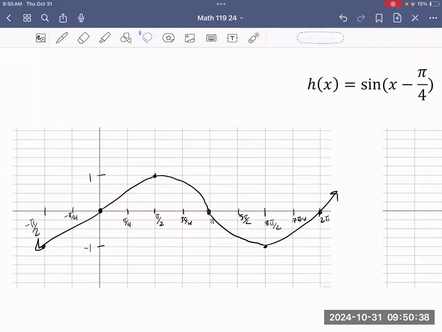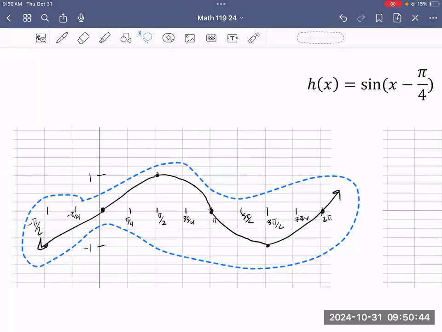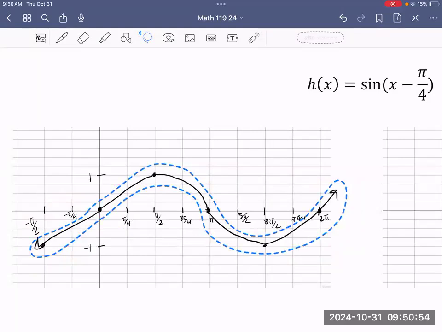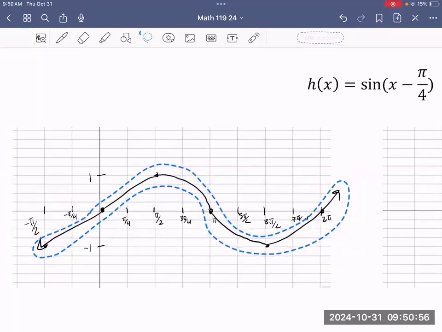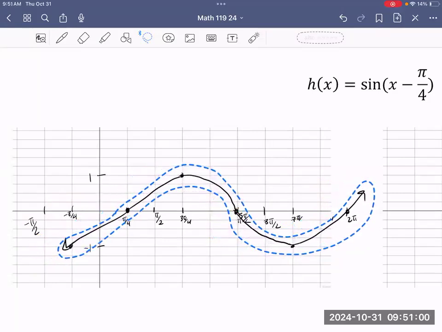And what we're going to do is take this graph and shift it over by just 1 pi over 4. There we go. So if it was here at 0, we're going to just shift these values over.